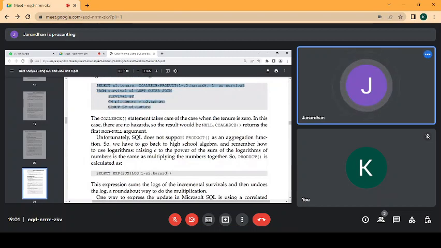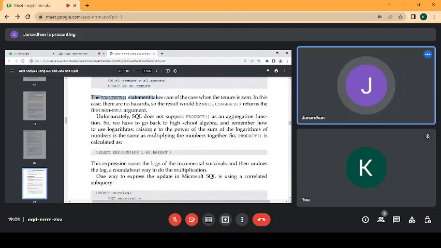The coalesce statement takes care of the case when the tenure is 0. In this case, there are no hazards, so the result would be null. The coalesce returns the first non-null argument.